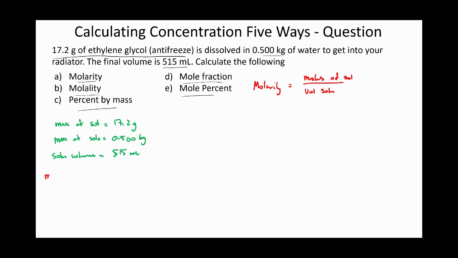The way I'm going to get moles of solute is to take that 17.2 grams, that mass of solute, and divide it by its molecular weight. In this case, that's 1 mole per, I can't read my own writing here, I think that's 62.07 grams.